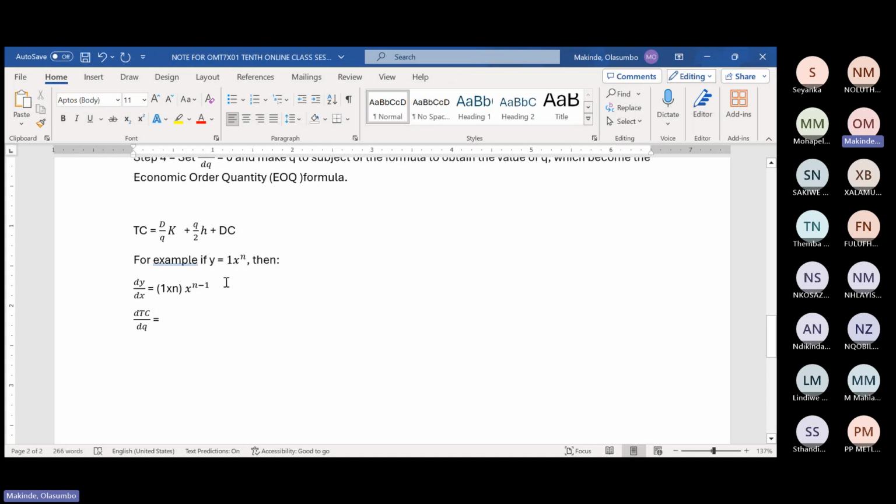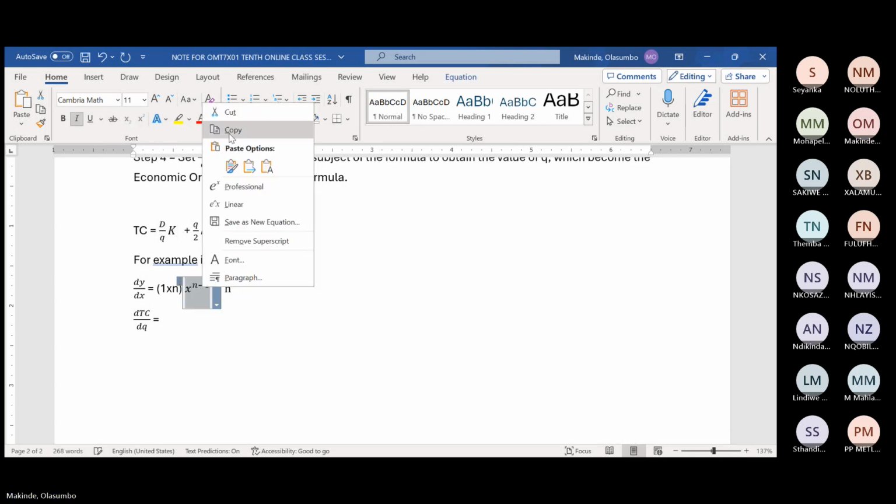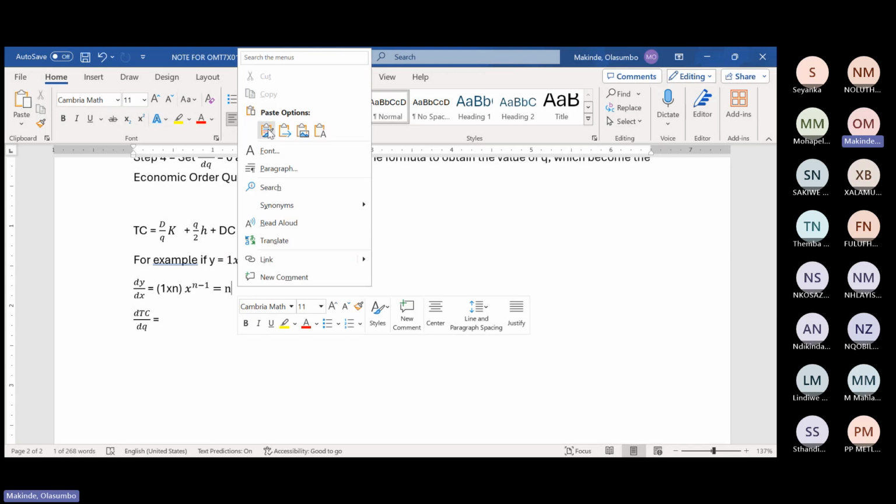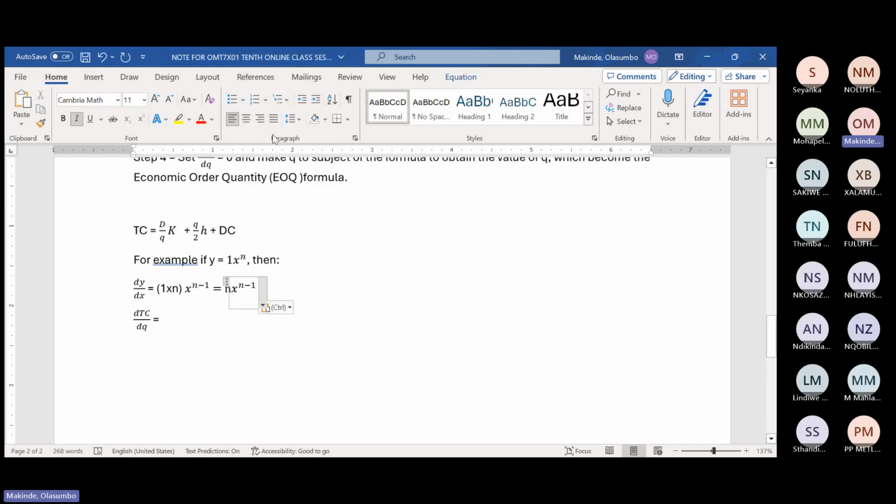And that means mathematically, this will give you N times X raised to power N minus 1. That's the mathematical expression for that.